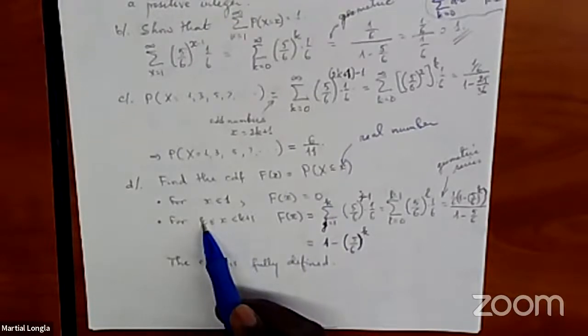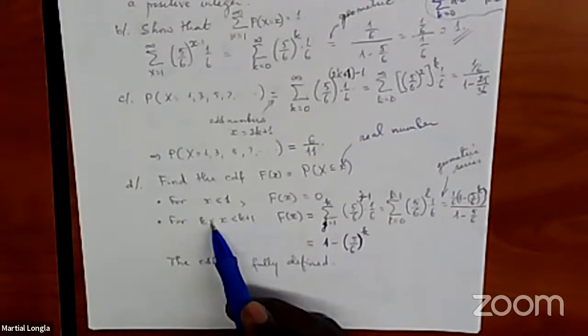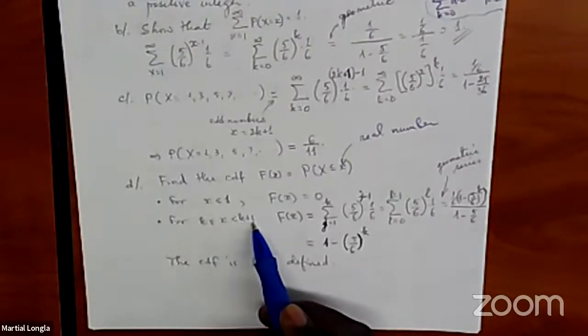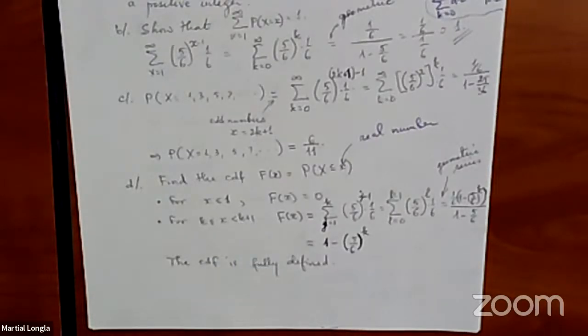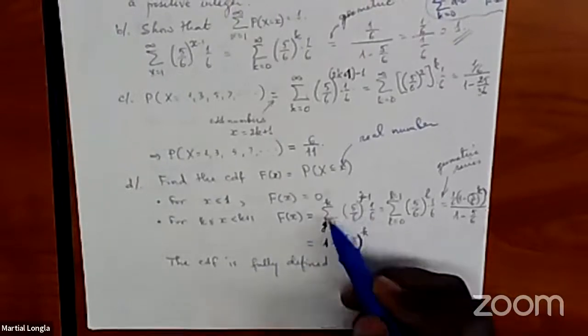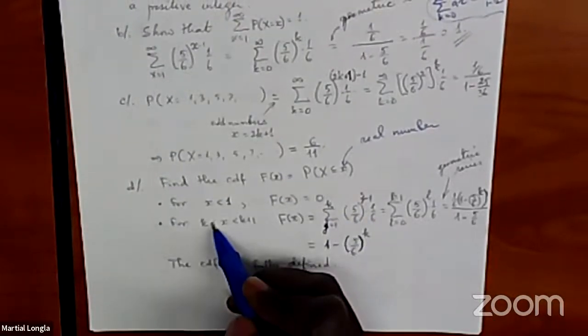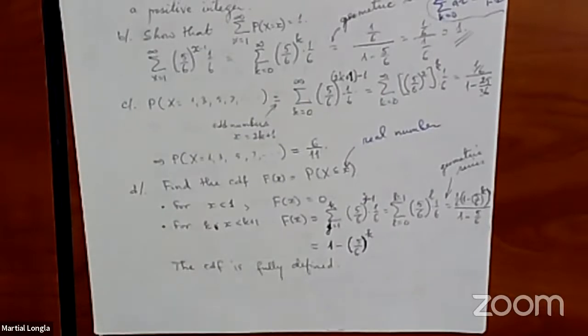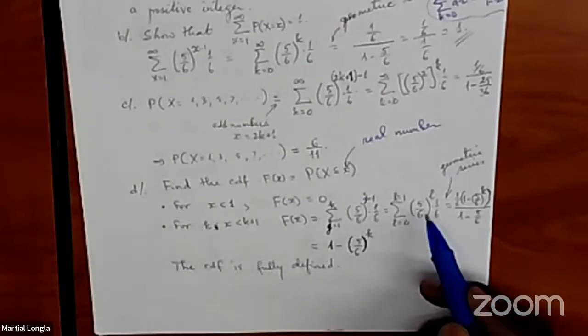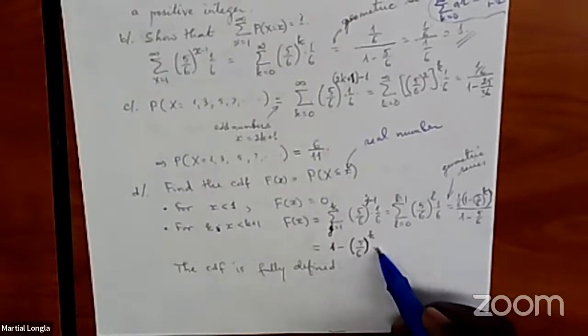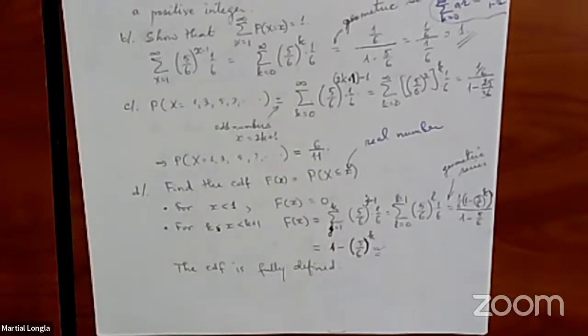If x is between k, including k, and k plus 1, which is the next integer after k, then F of x will add everything up to k, not x, up to k. And therefore, that sum will give this.